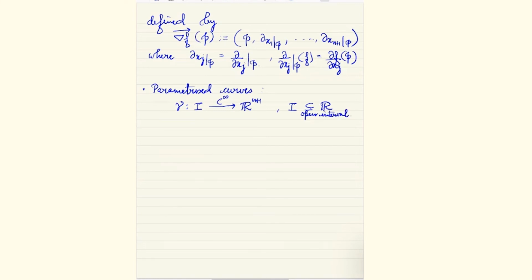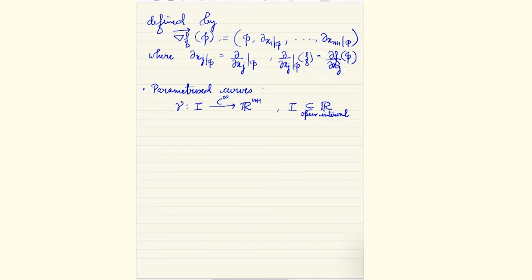Connectedness, we will have occasion to use connectedness of intervals. Typically it doesn't have to be, but we will always stick to this. It doesn't have to be that curves are only defined on intervals, but we will stick to this.